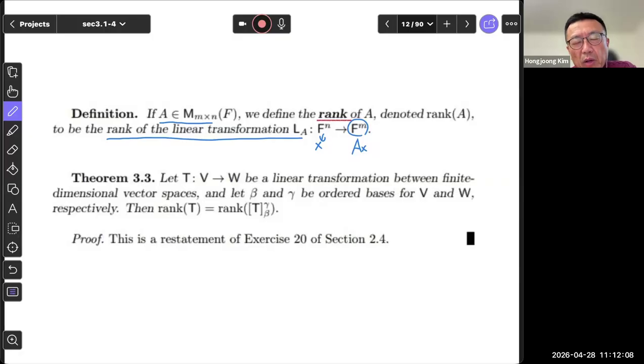So we can consider such linear transformation and the rank of it. What was the meaning of the rank of this linear transformation? How do we define the rank of a linear transformation? This was the dimension of the range of this mapping.